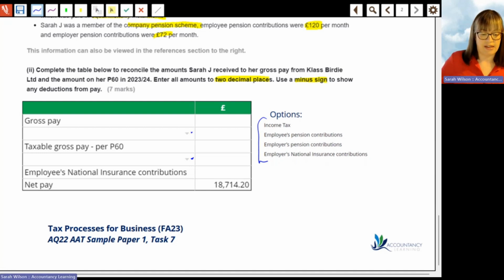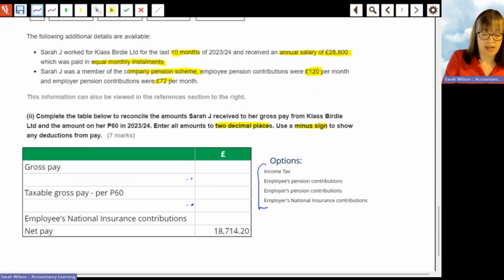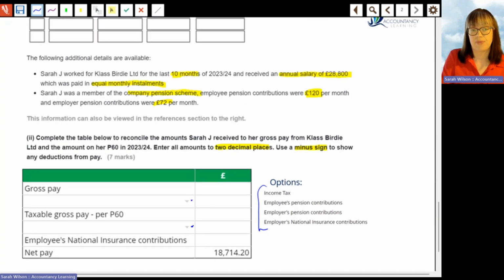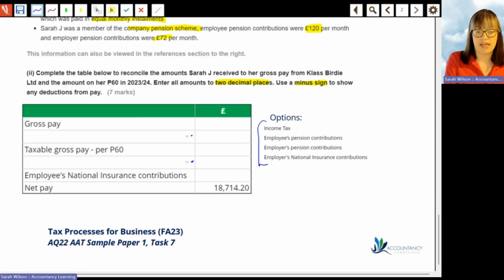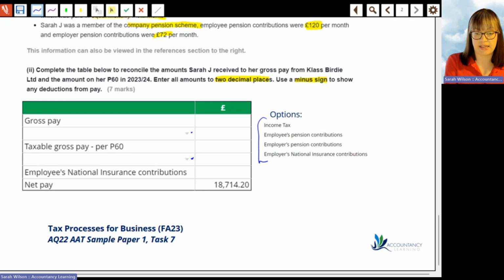So let's have a look at this then. So gross pay. We need to put a figure in for gross pay. Now, using the information that we're given, it'd be very easy at this point to just take that figure there. But we need to remember that Sarah has only worked for Class Birdie Limited for 10 months of that tax year. So we need to calculate what her gross pay is going to be.